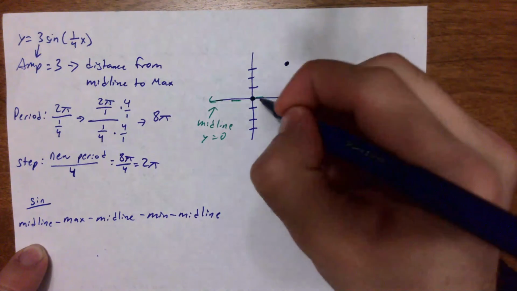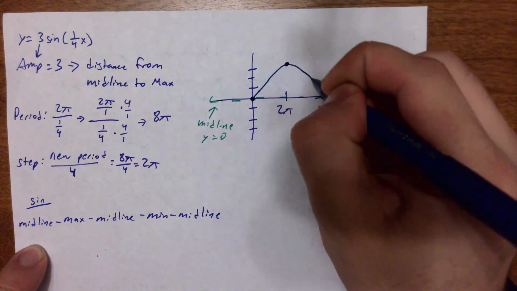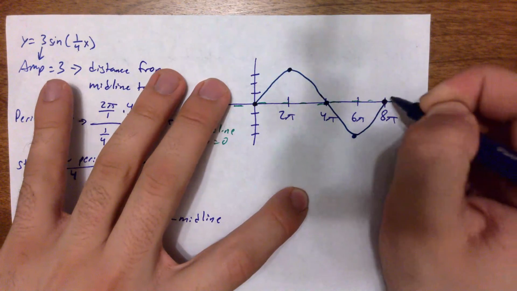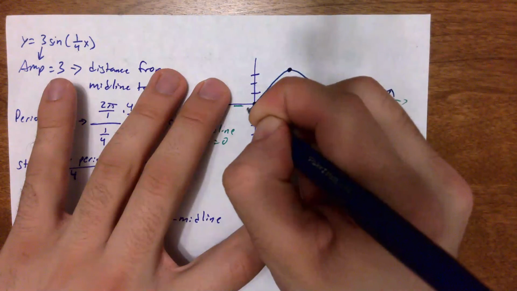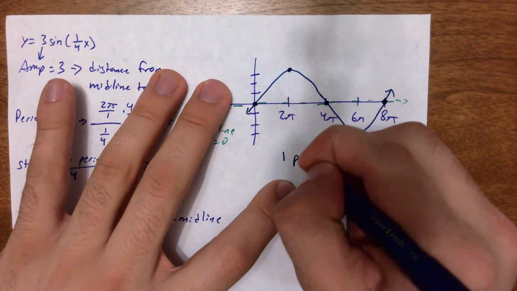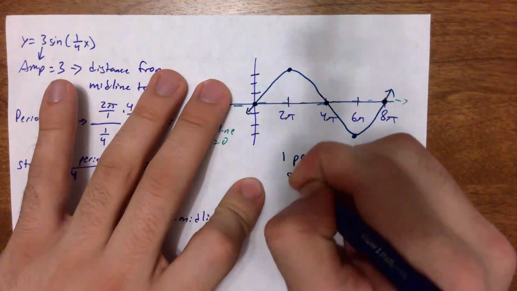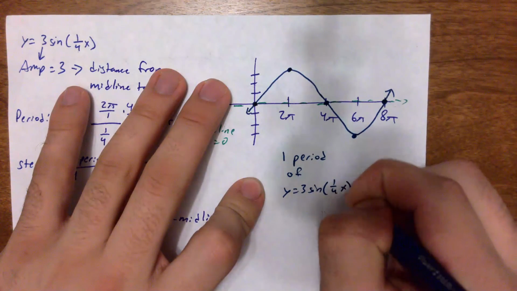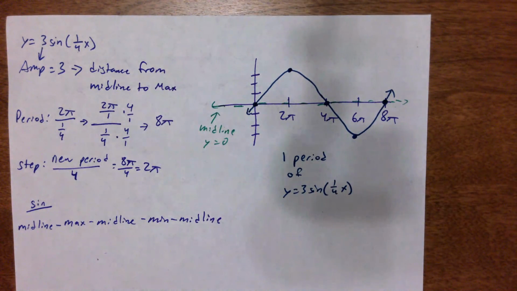And then I'm going to connect my points, and I can put arrows on. This is one period of the equation y equals 3 sine of 1/4 x. So that is how you graph a sine function with an amplitude change and a period change.